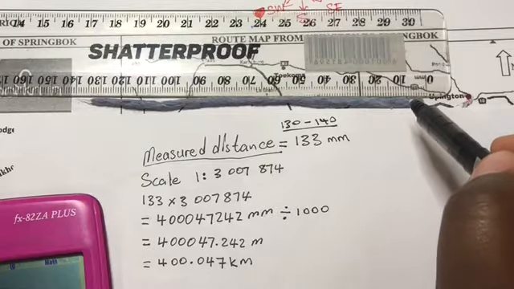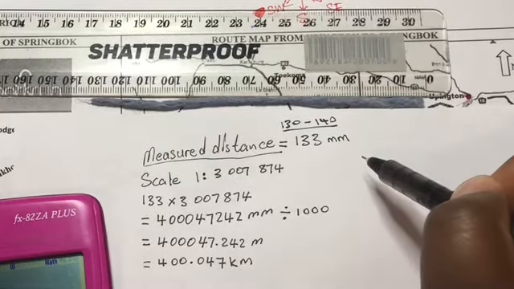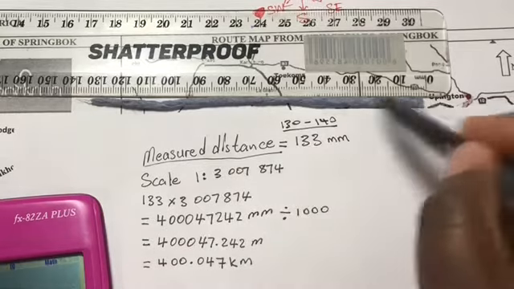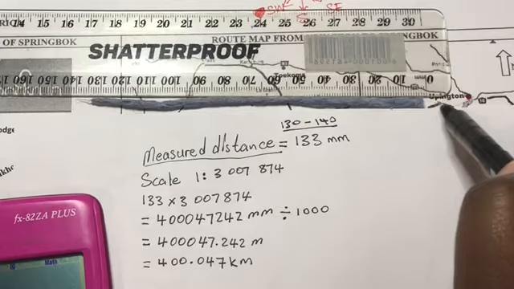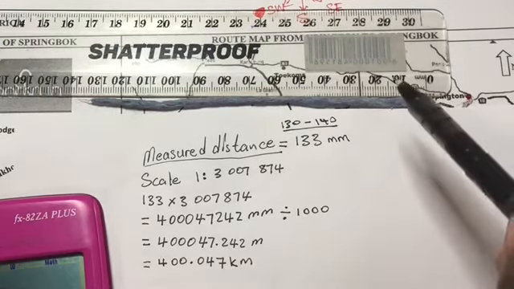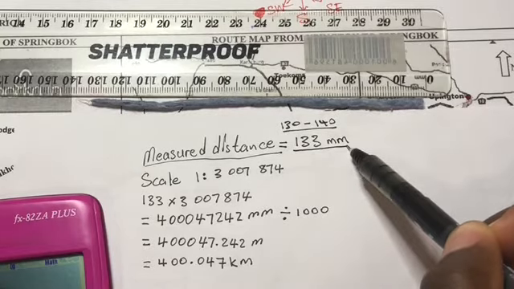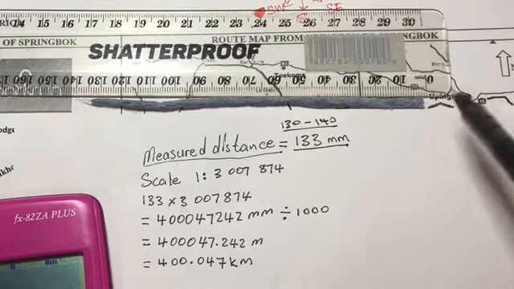You can still use centimeters to measure this piece of string. In my case, I decided to use millimeters to measure this piece of string. So I measured 133 millimeters. So now this is the distance from Upington to Springbok on the map.